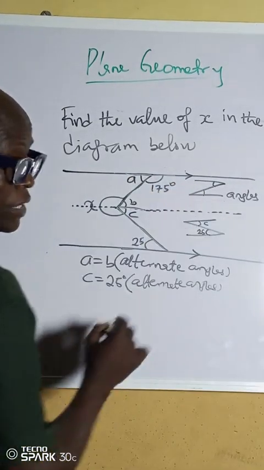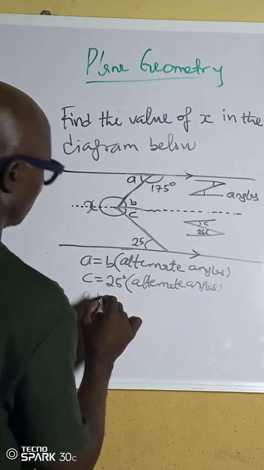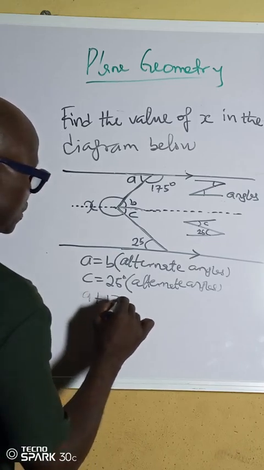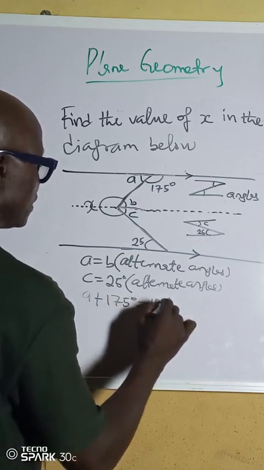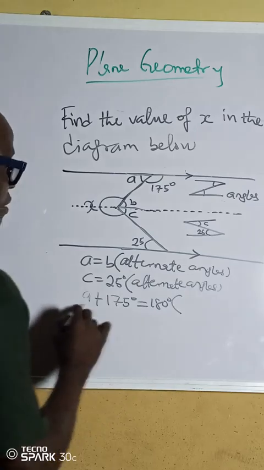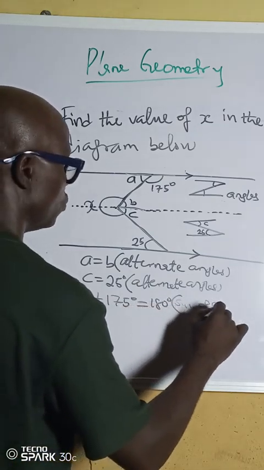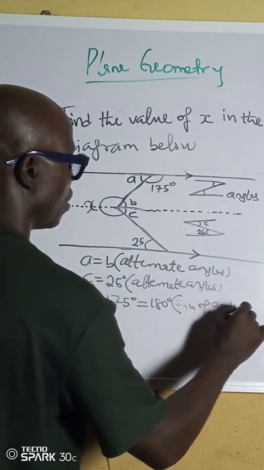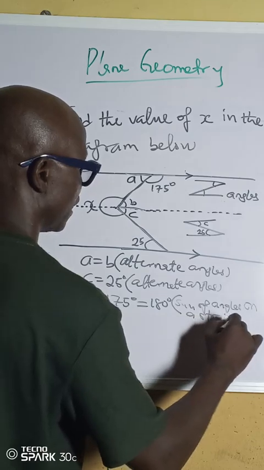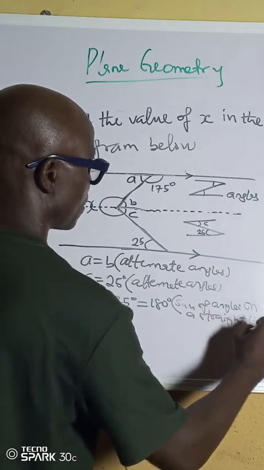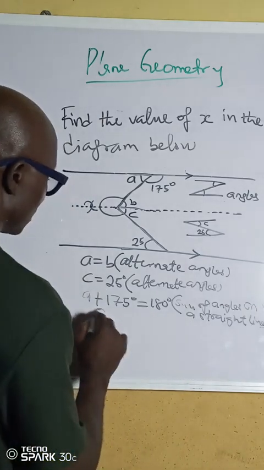You are looking at a straight line where you have A plus 175 degrees equal to 180. Reason, sum of angles on a straight line.